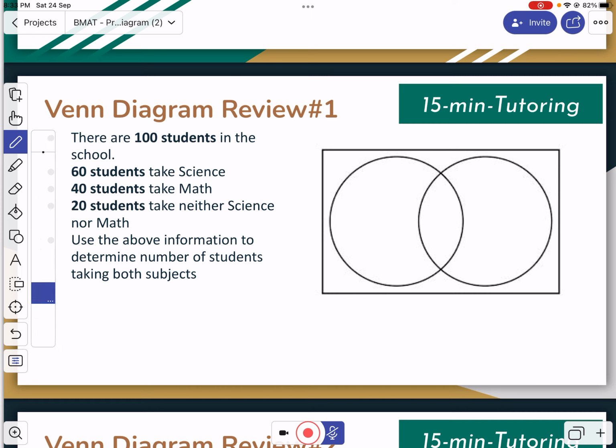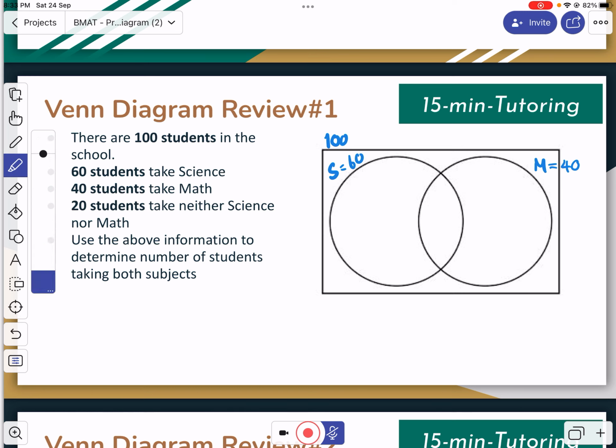So in this case, 100 students, that is the entire school, that will be represented by the big rectangle. For each circle, as you know, we will have science and math, and that will be 60 people and 40 people. Now, what about the 20 students who take neither science nor math?